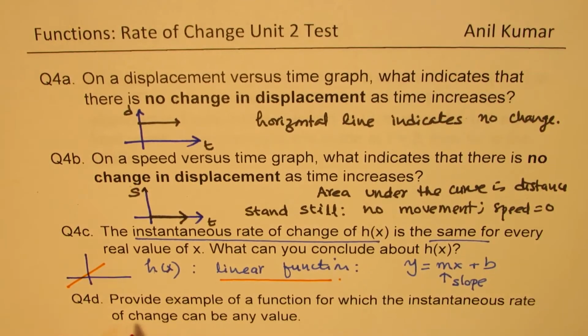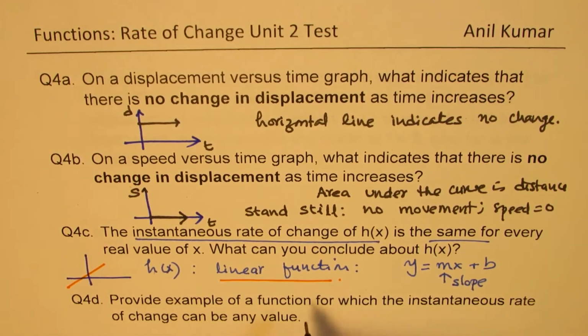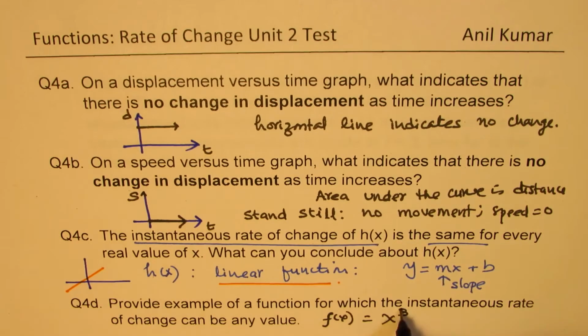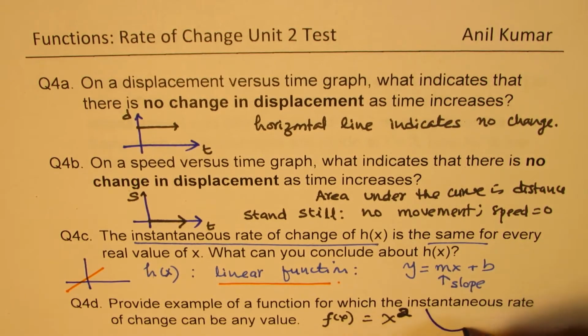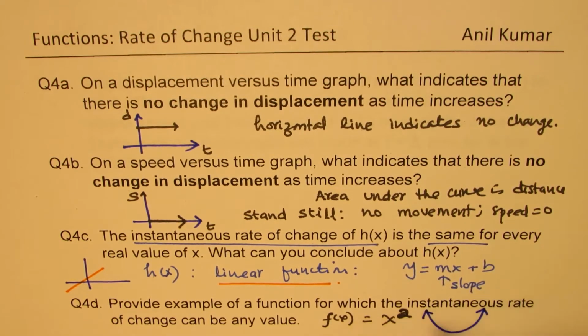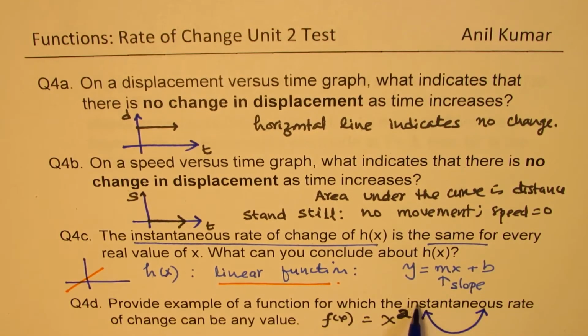Question 4D now. Provide an example of a function for which the instantaneous rate of change can be any value. Well, there could be many functions, but the best we can say is the x squared function. If you take a parabola, you will notice that the slope changes from a negative value to 0 to a positive value, right?